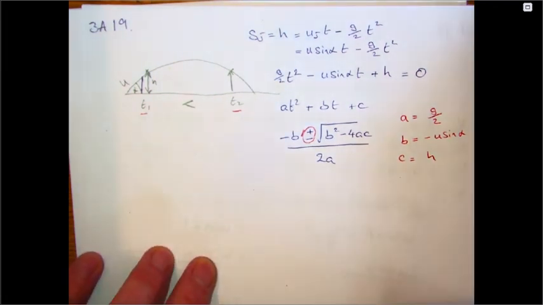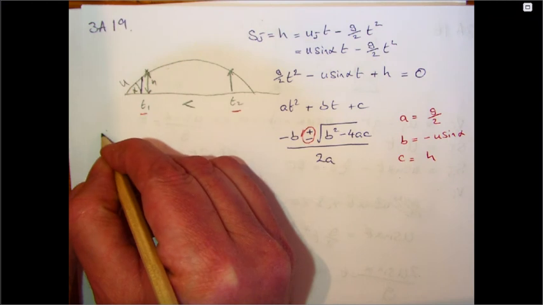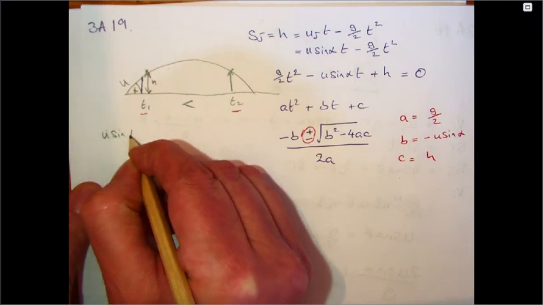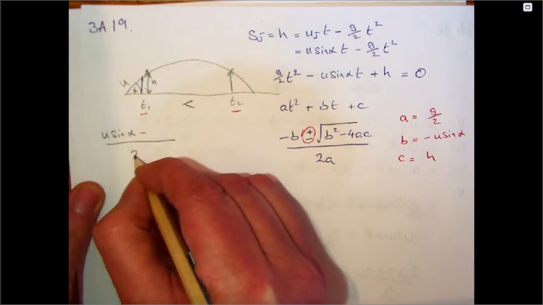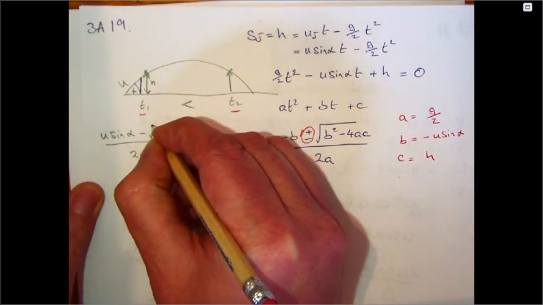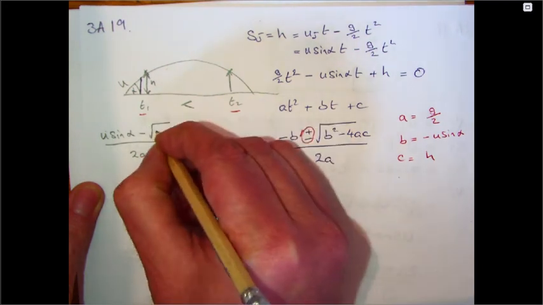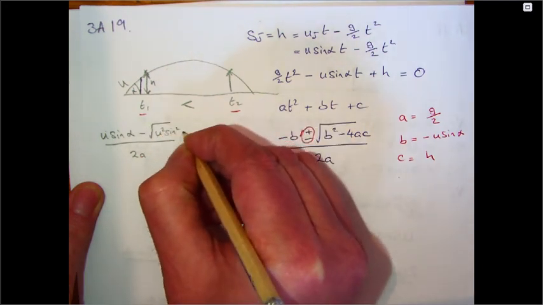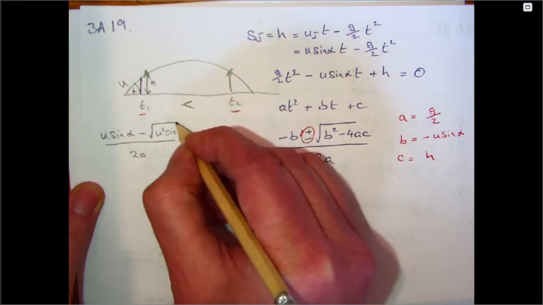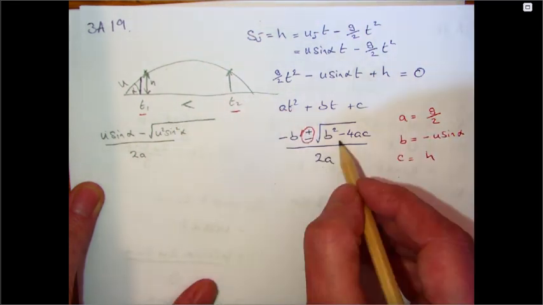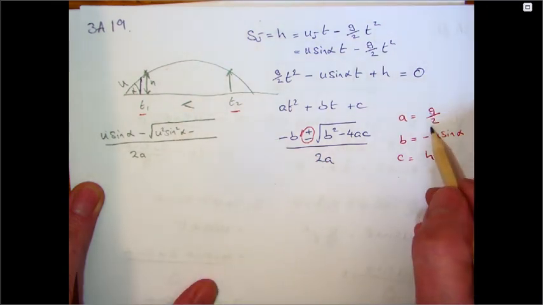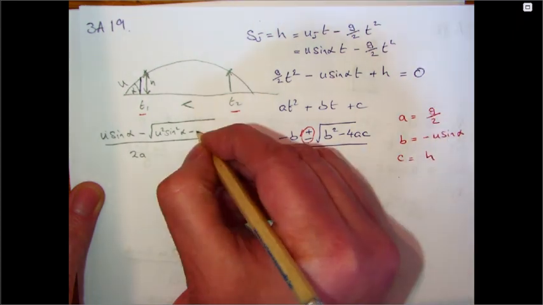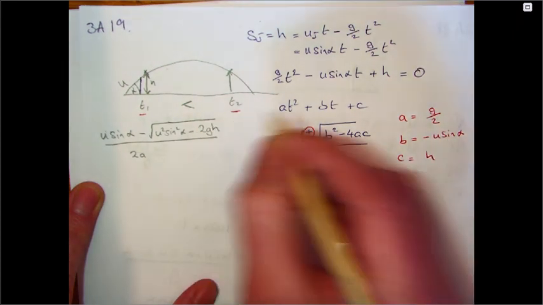Let's write this out. Minus b turns out to be u sine alpha minus the root of b squared, which is u squared sine squared alpha, minus 4 times g over 2 times h, so that's 2g times h.